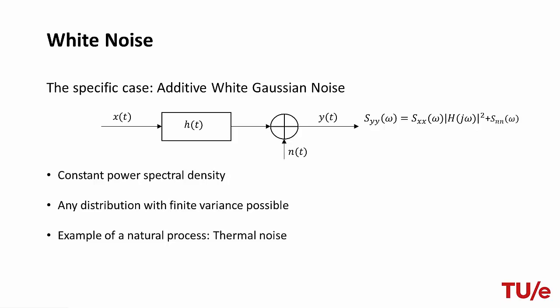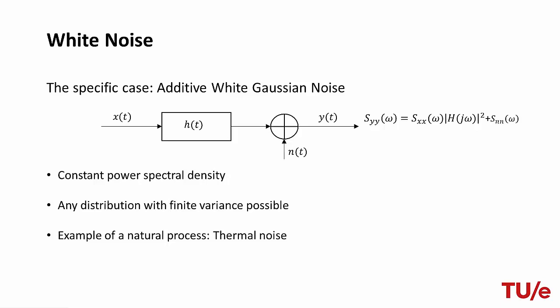Let's start with a very specific but also very common case of the additive white Gaussian noise. The term additive refers to the system model, where the noise is assumed as adding up with the output of the system to give the final noisy output. What is more interesting here is the term white, which is a reference to white light, composed of all the visible light spectrum.